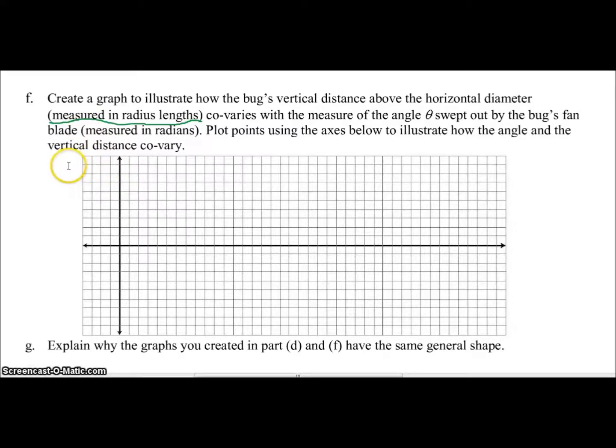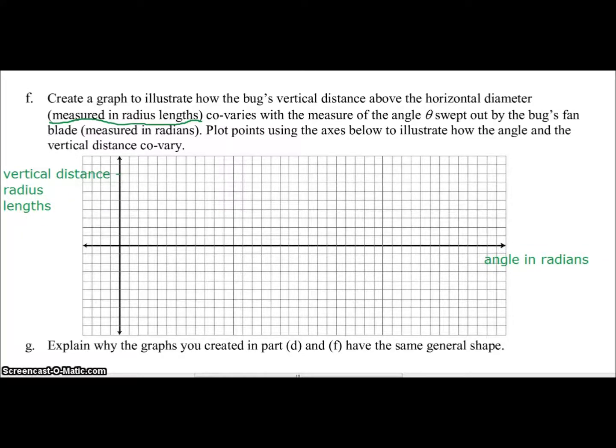So this axis is radius lengths. Again, it's the vertical distance, but the units are radius lengths. And then again here we have the angle in radians.